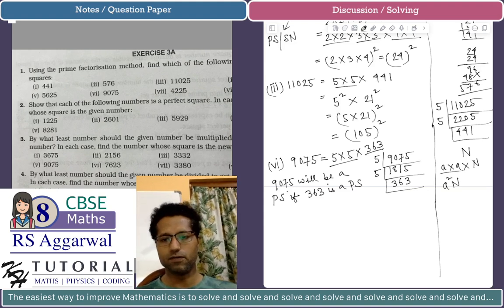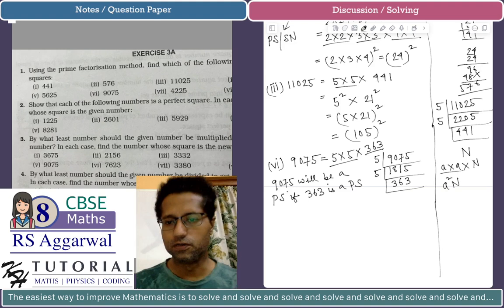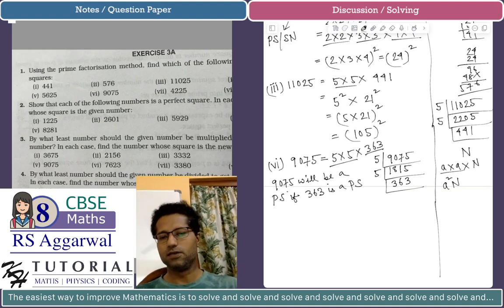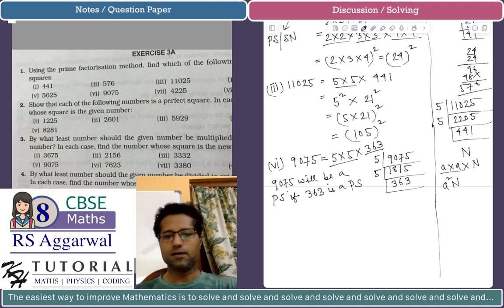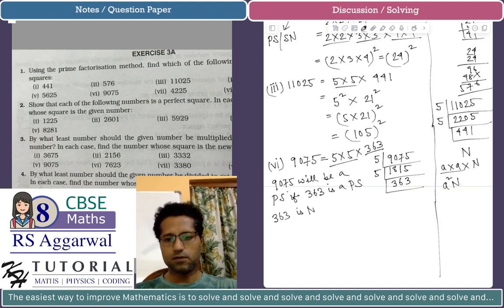So I have 9075 is equal to 5 into 5 into 363. I have already got one single pair of equal factors, 5 into 5. Now this whole thing 9075 will be a perfect square only if 363 is a perfect square. Now we know that 363 is not a perfect square as it ends with the digit 3.